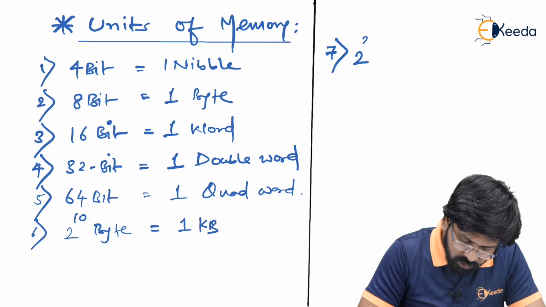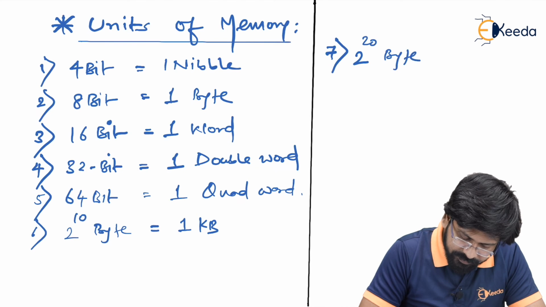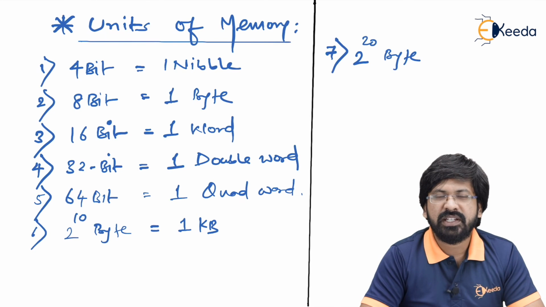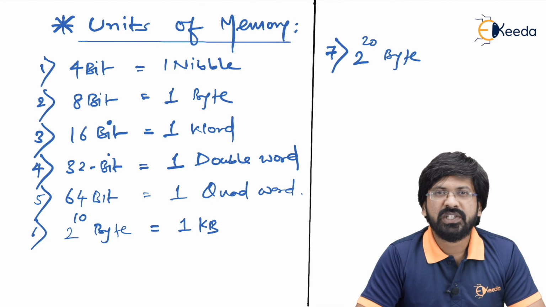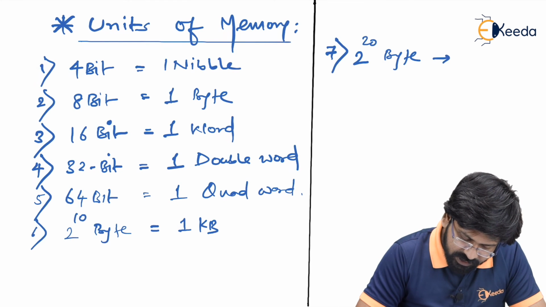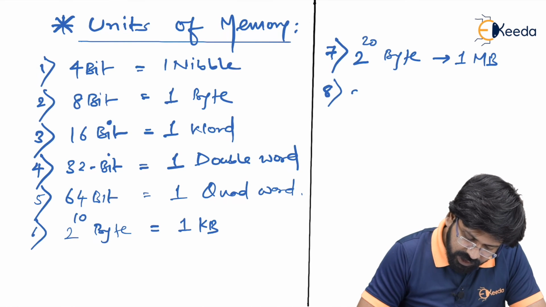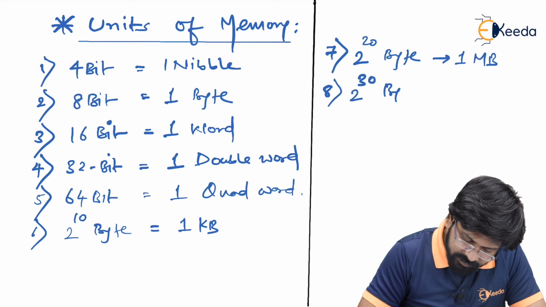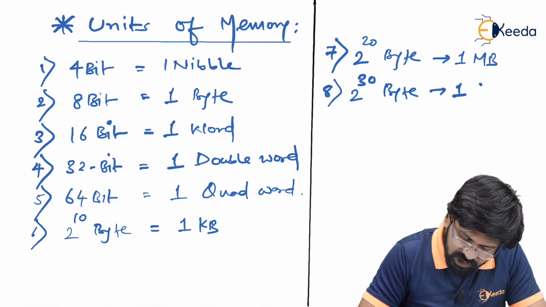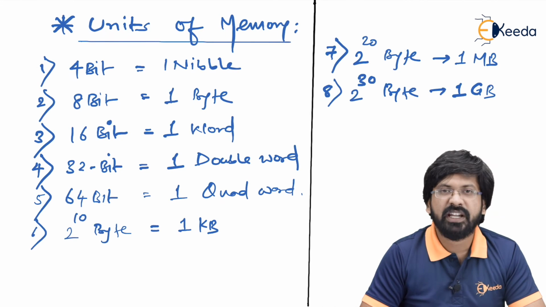Suppose it is 2 to the power 20 bytes. As you can see now, the size of the memory will keep on expanding in powers of ten. 2 raised to 20 bytes is known as 1 MB, that is 1 megabyte. Whereas 2 raised to 30 bytes is called 1 GB, that stands for gigabyte.